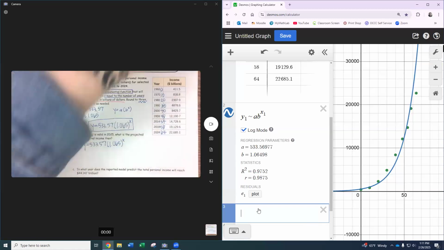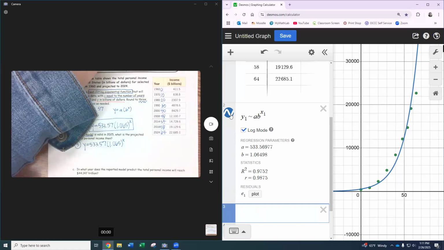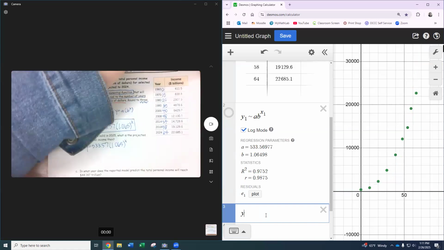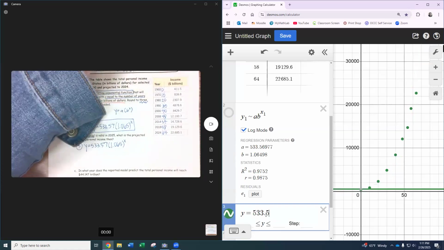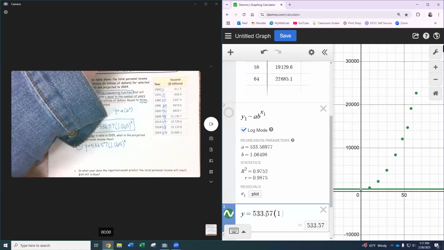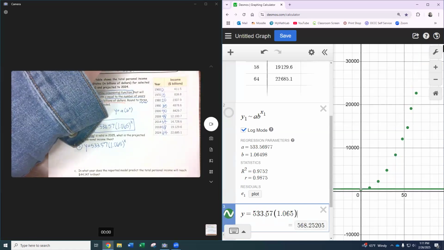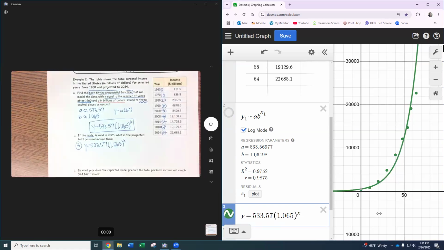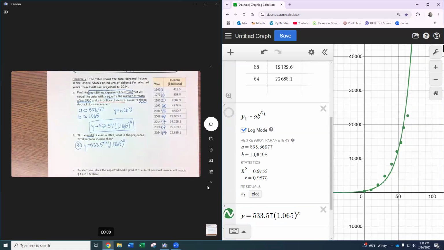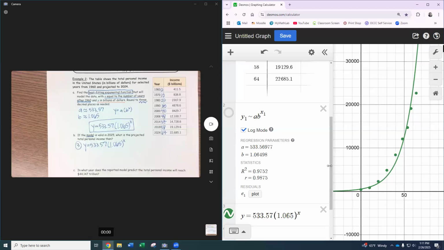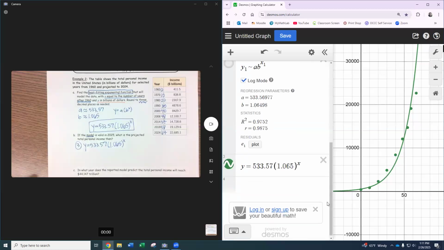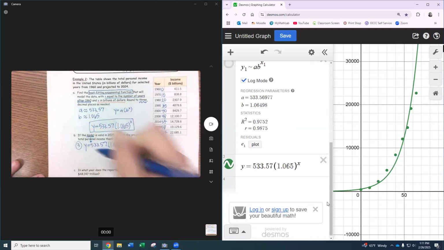Okay. I'm going to go ahead and unclick that one. Y equals. Okay. So there is my model. And it is asking me if the model is valid in 2025, what is the projected total income then?